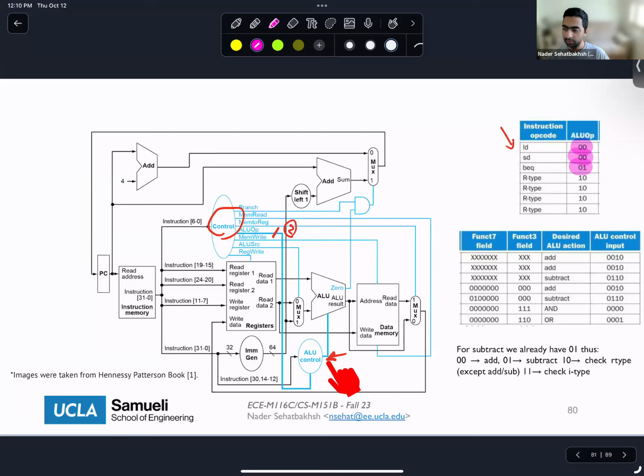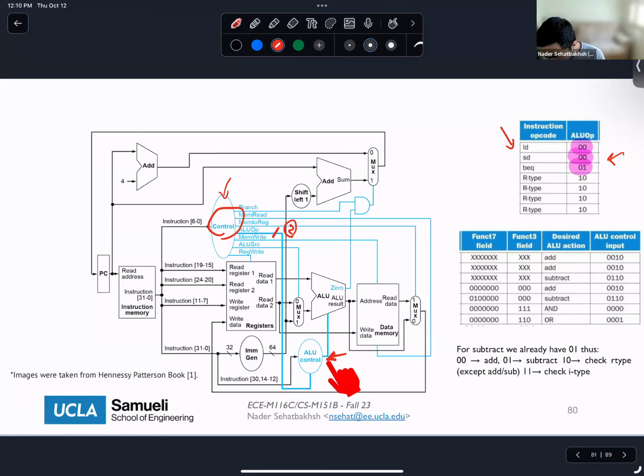Since all the other instructions except R-type and I-type only use add or subtract, the controller basically just outputs 2 bits: either 0, 0, 0, 1, or 1, 0, one of these 3 different conditions.